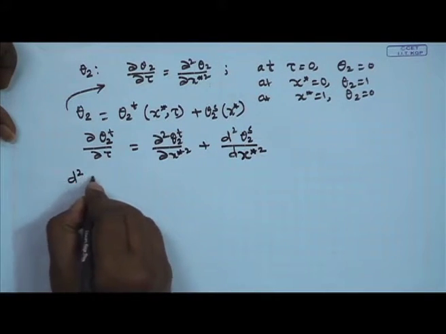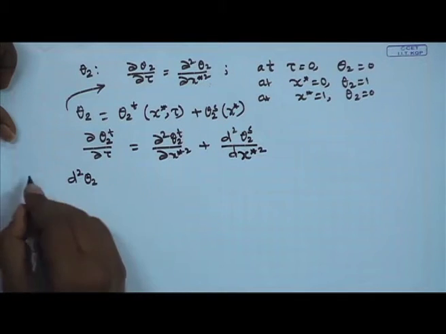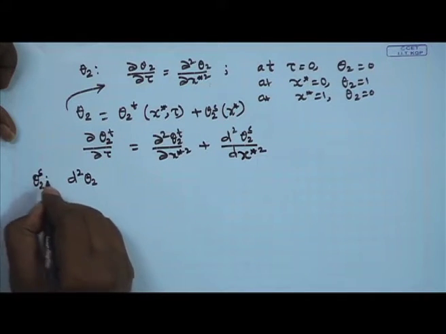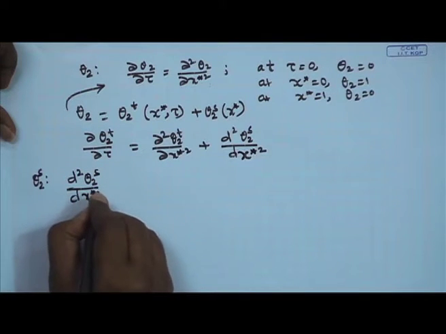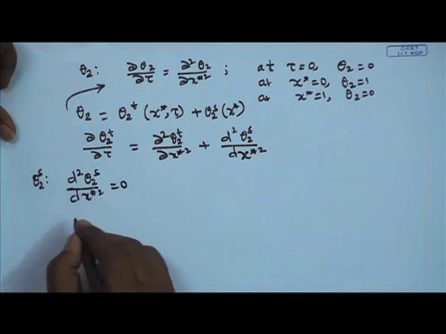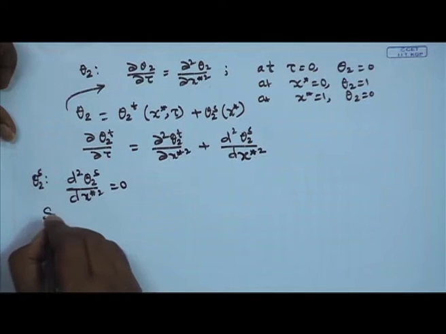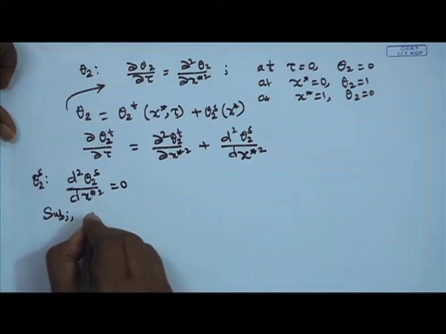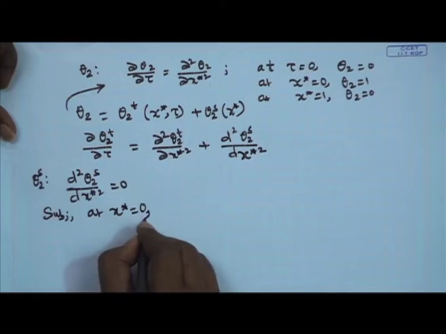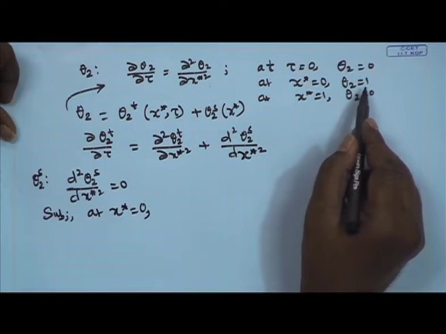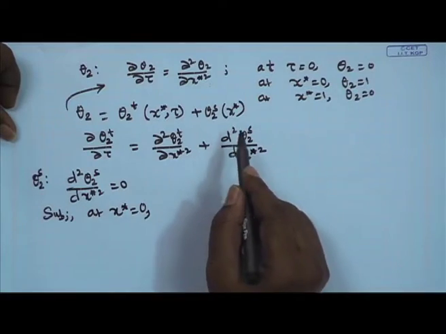So we write down the governing equation of theta 2 s. It is d square theta 2 s d x star square is equal to 0, subject to the boundary condition, where theta 2 is equal to theta 2 s plus theta 2 t. I associate judiciously the non-homogeneous part with the spatially varying part.